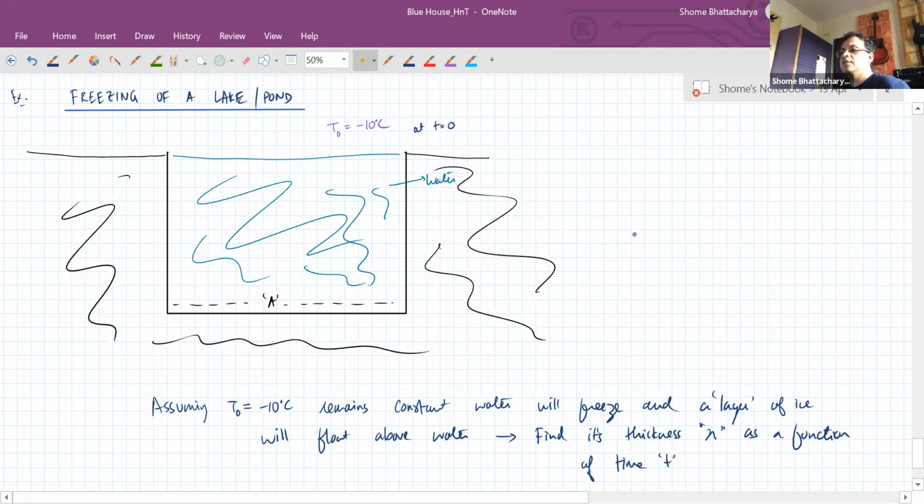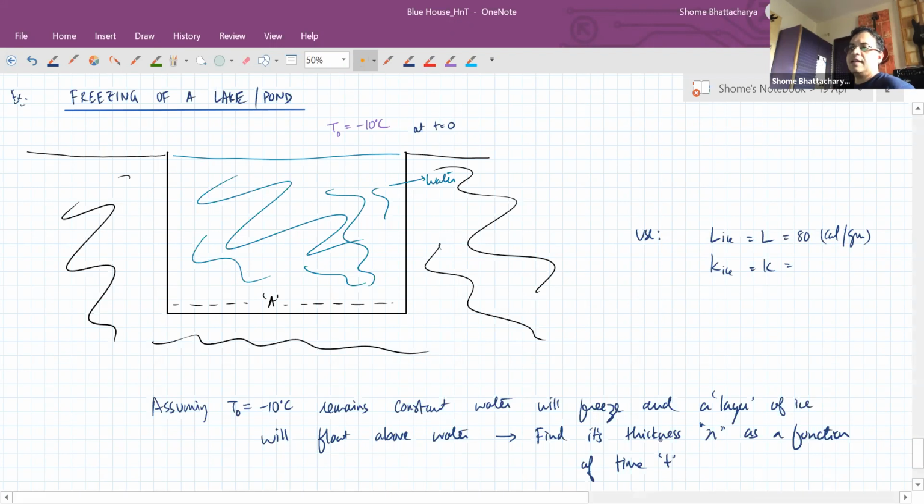And for that, we will use the values of the latent heat of ice and so we'll take this as capital L. Okay, and we'll use the value of thermal conductivity of ice. Okay, so I'll give you the values also. This is 80 calories per gram. So I'll tell you in a moment.